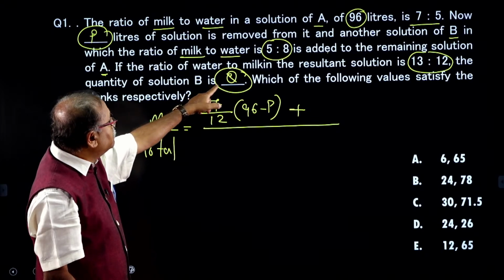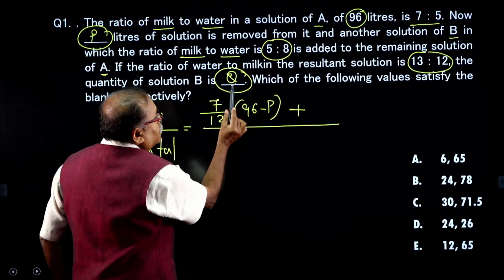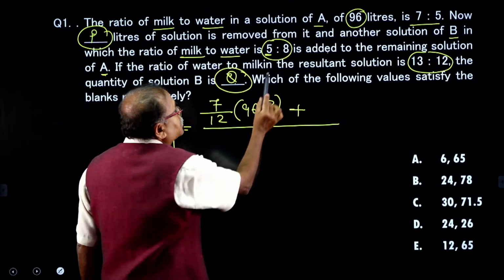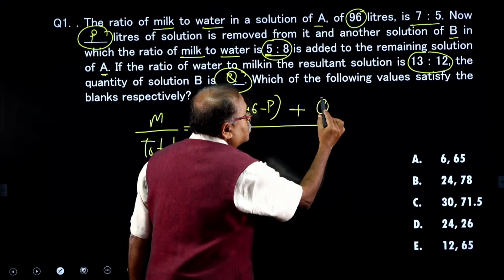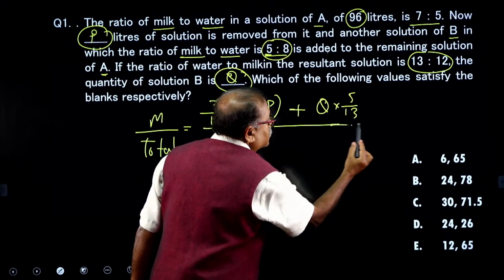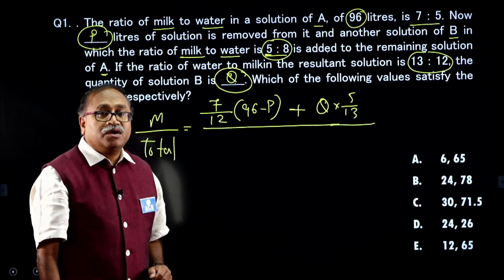the quantity of solution B is Q liters, I am taking it. Then in Q liters you have milk 5 parts out of total 13 parts. So, here Q into 5/13, this is my milk. What about total?